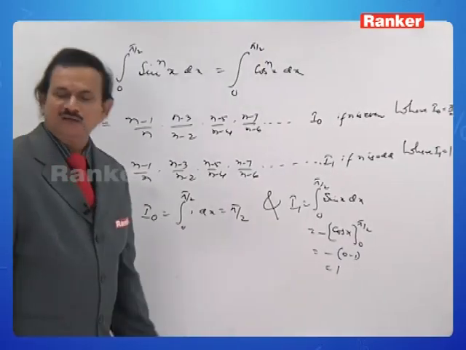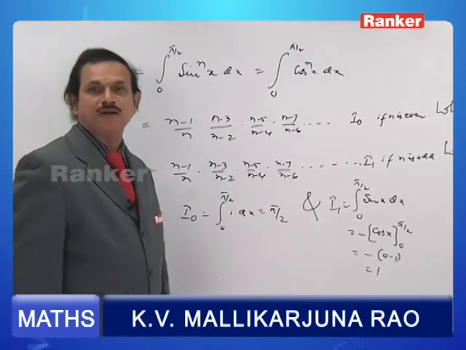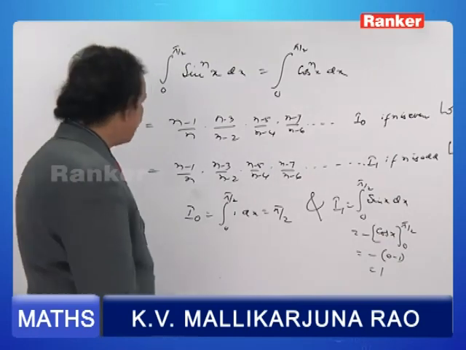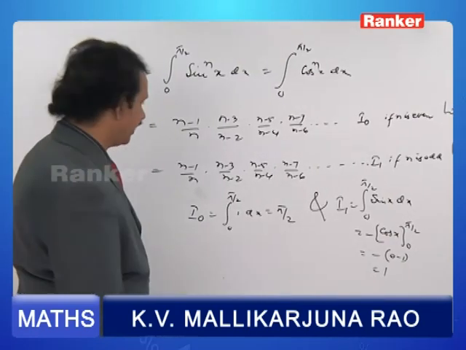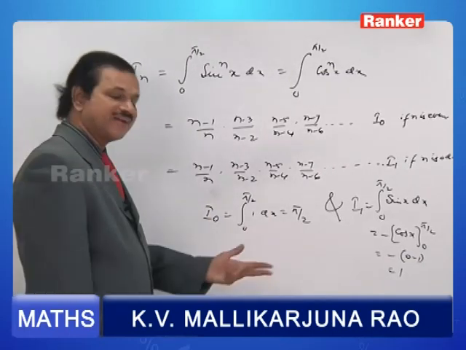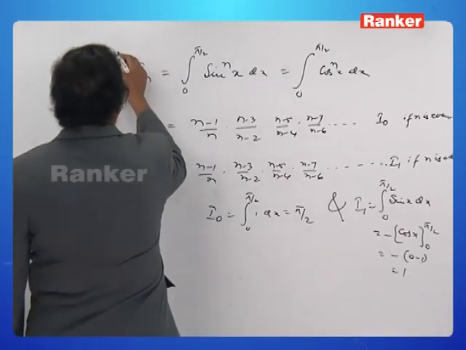Beautiful formula. Excellent formula. This is of course called Wallis formula, W-A-L-L-I-S, famous mathematician. Okay, let us now observe the applications of this formula. How can they be used? No doubt this is an excellent formula.